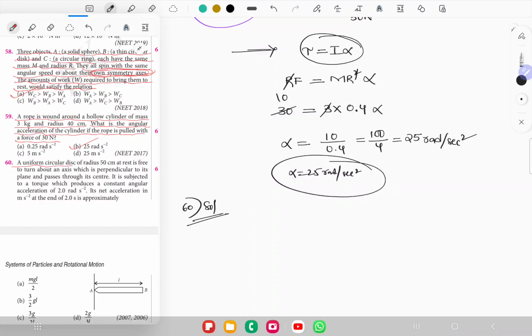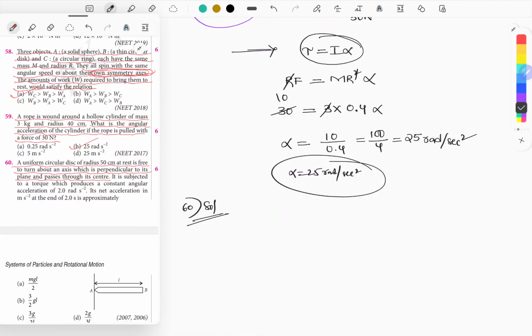A uniform circular disc of radius 50 centimeter at rest is free to turn about an axis which is perpendicular to its plane and passes through center. Okay, so they said a disc is there and it is free to rotate. Did they give any mass?